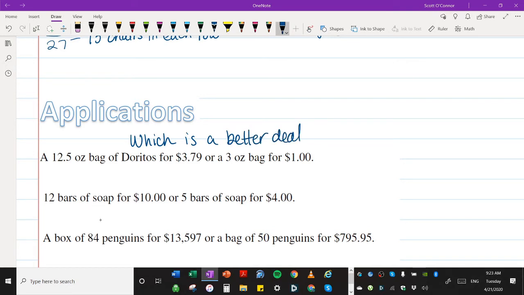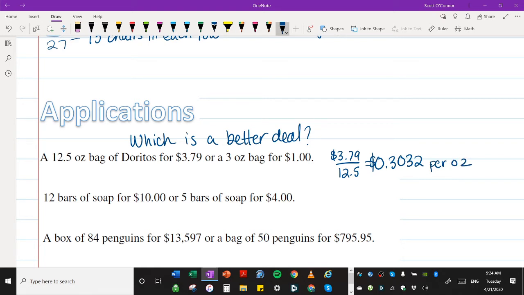And the way you find this out is you want to find out which bag has the cheaper cost per ounce. And so if we're finding the per ounce, then we would simply do $3.79 divided by 12.5. And we get 0.3032. And this is a money amount per ounce.